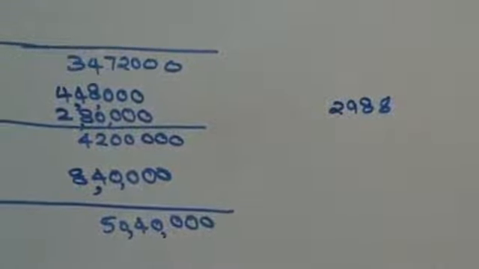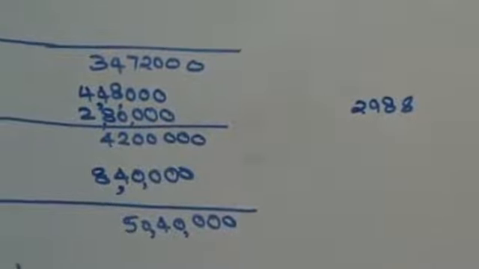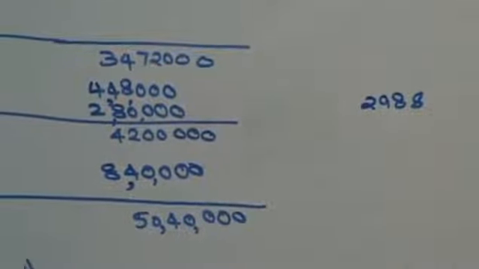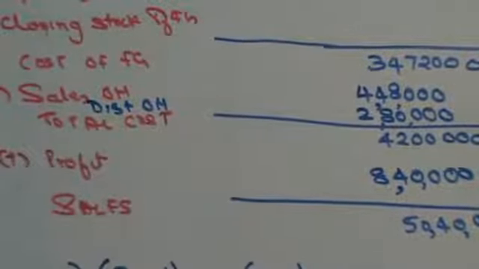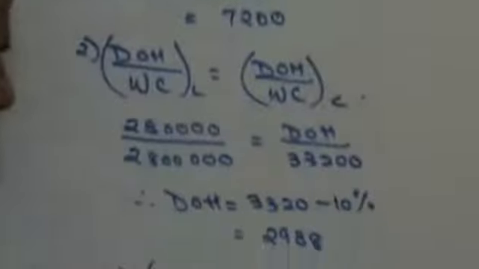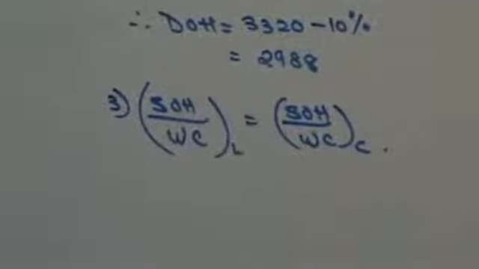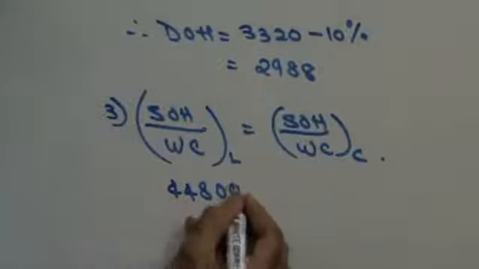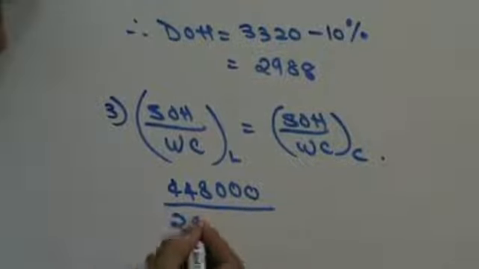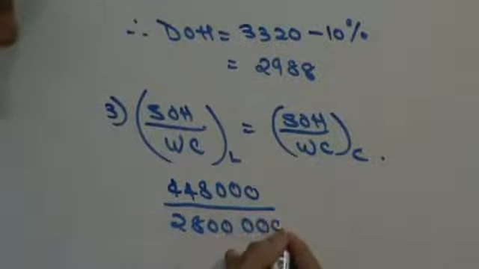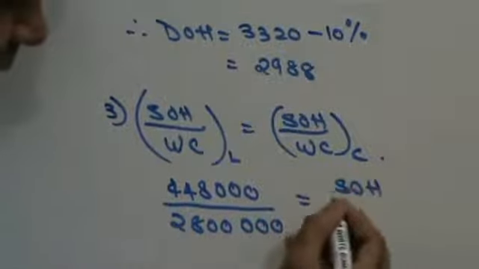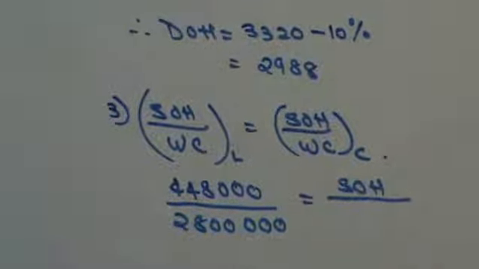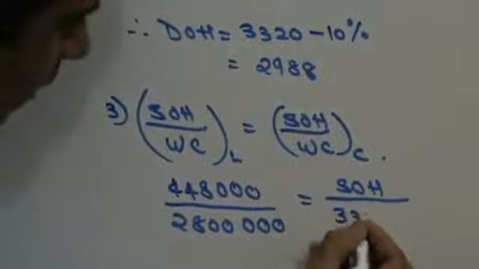Let's first see selling overheads. Selling overheads upon work cost of last year is selling overheads upon work cost of current year. Selling overheads of last year was 4,48,000 upon 28 lakhs is selling overheads upon work cost 33,200.